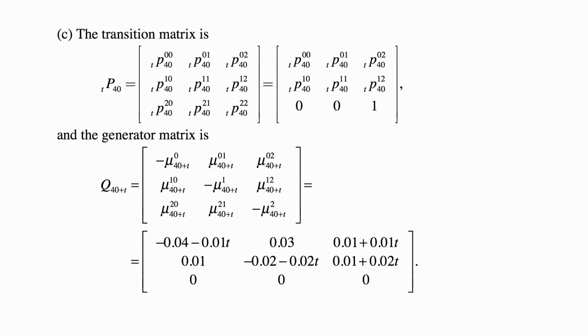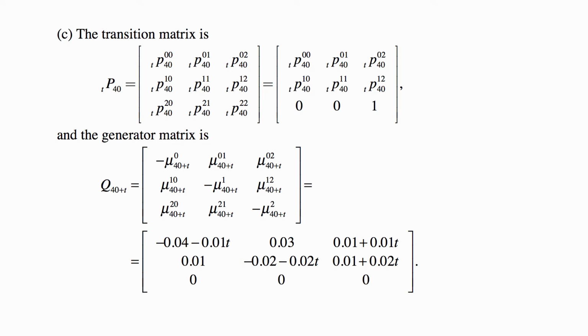To write out the Kolmogorov forward equation in matrix form, you write the transition matrix, which is what you see here. Of course, in this case, the bottom line, the third row of the transition matrix, is 0, 0, 1. And the generator matrix consists of forces of transition from each state to another state, but along the diagonal, where you would normally assume a force of transition from 0 to 0, no, it's the force of transition out of state 0 with a minus sign.